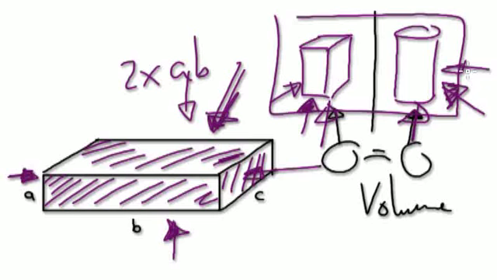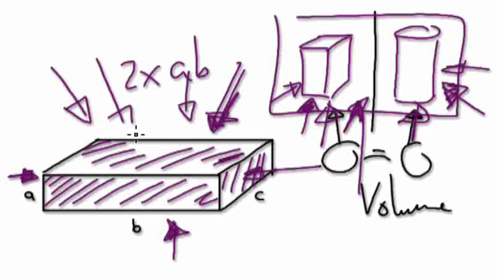If you're talking about the amount of paint required, then you would look at the surface area. If you want to know which block of gold is bigger, then you would look at the volume. So sometimes the surface area is useful, sometimes the volume is useful.